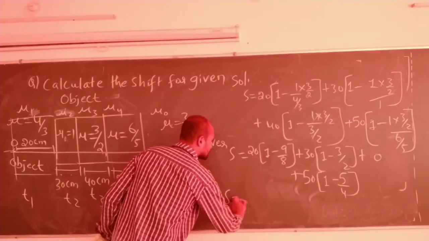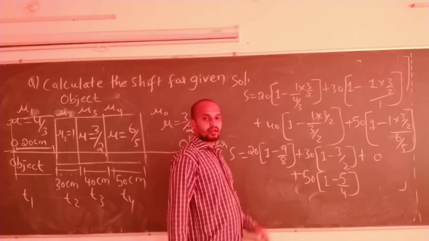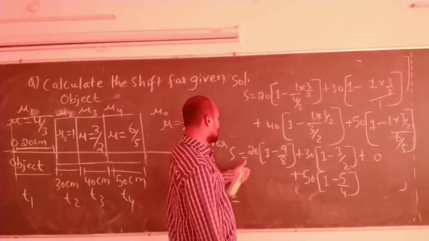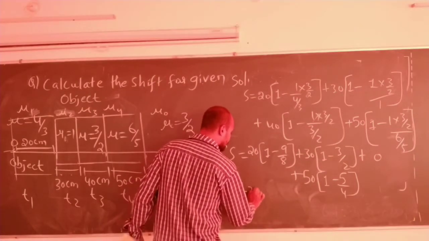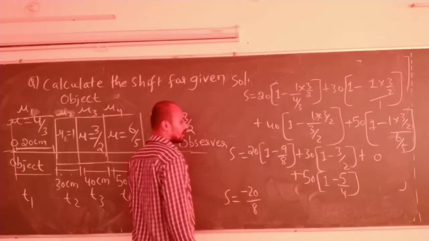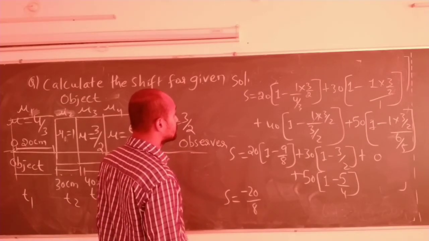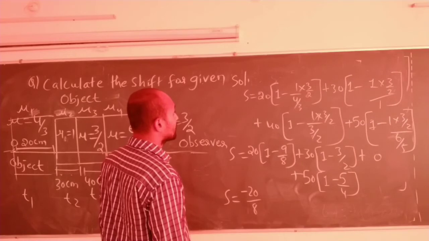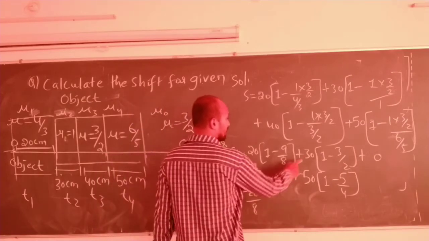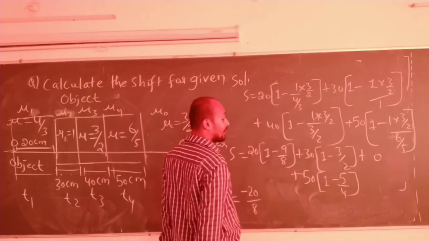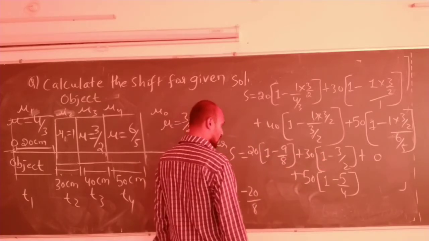Are you understanding? So solve for this, how much you will get? 8 minus 1, 9. 8 minus 9, minus 1. Minus 1 means minus 20 by 8. This will become minus 20 by 8. Next. Here, how much? Minus 1 by 2.